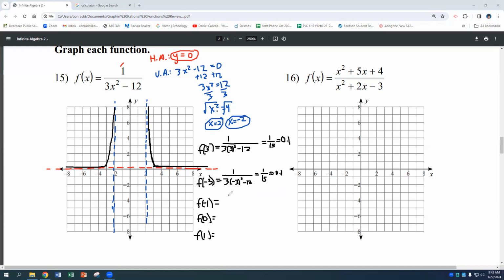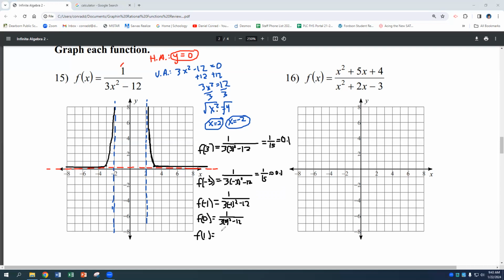So f of -1, that's going to be 1 over 3 times -1 squared minus 12. And then we'll have 1 over 3 times 0 squared minus 12.